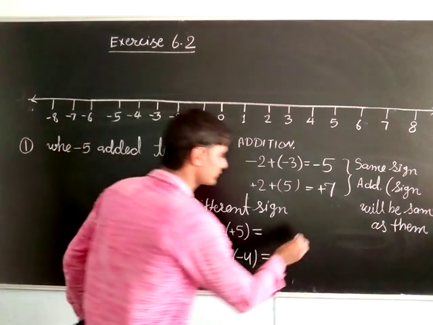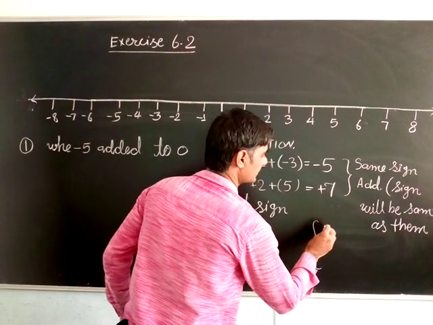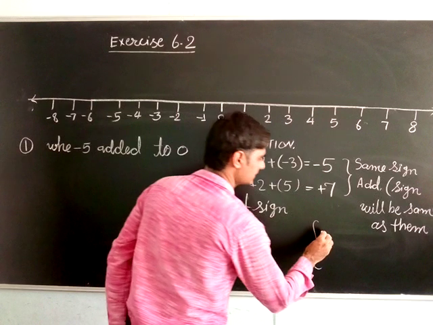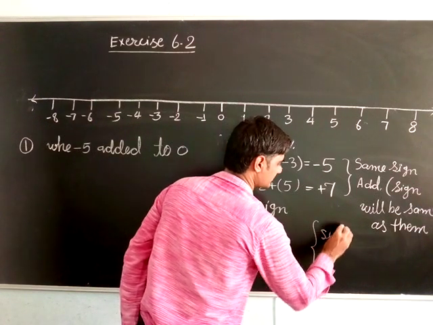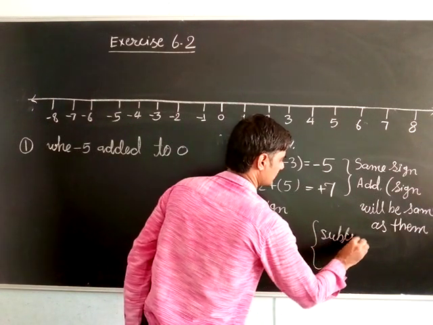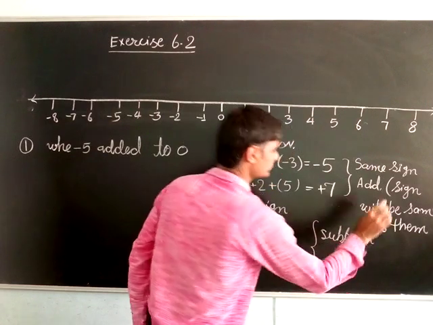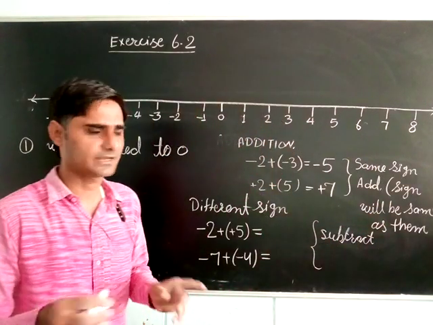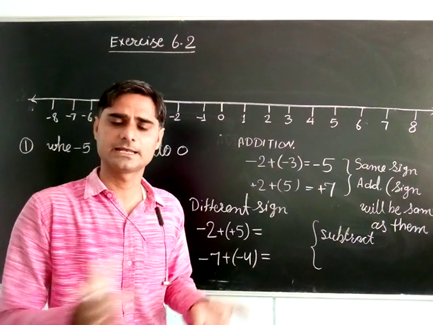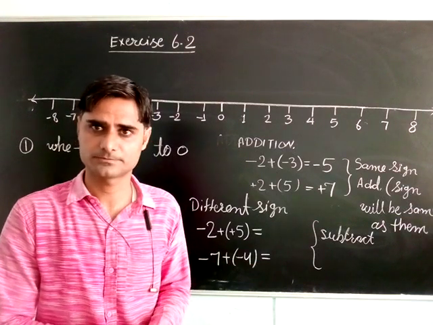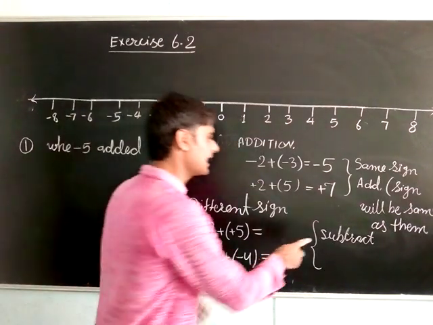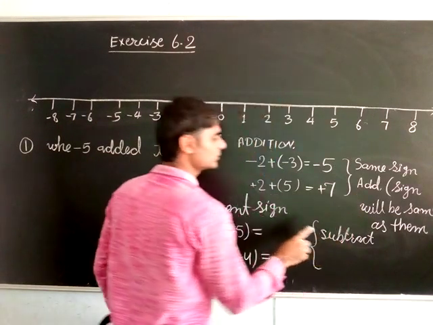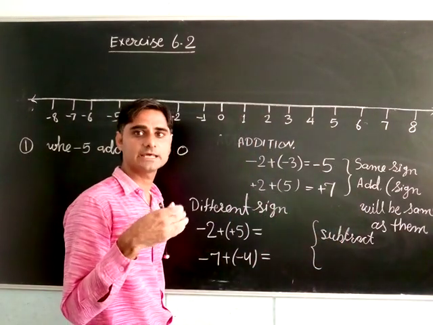Whenever signs are different, they will be subtracted. They will be subtracted from each other. Simple subtraction will be there. Then later we will see what sign will come. First subtract. After subtraction, we have to take sign.